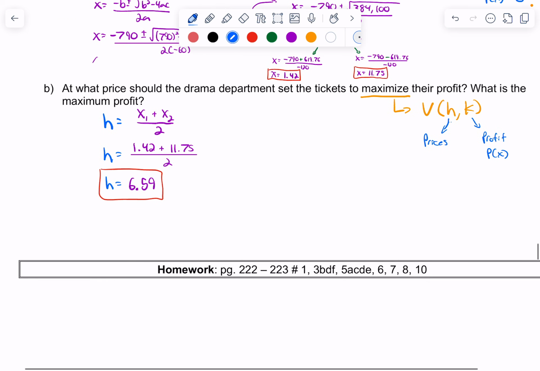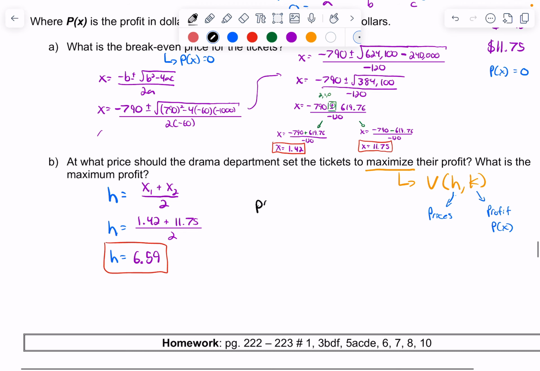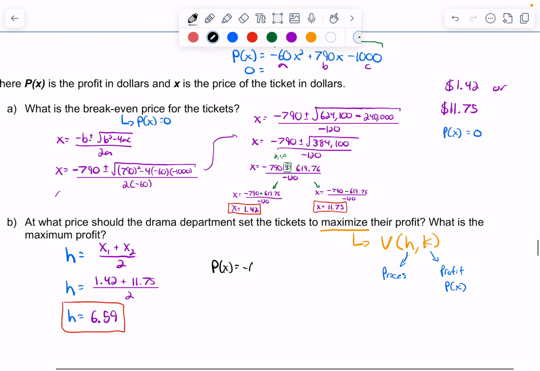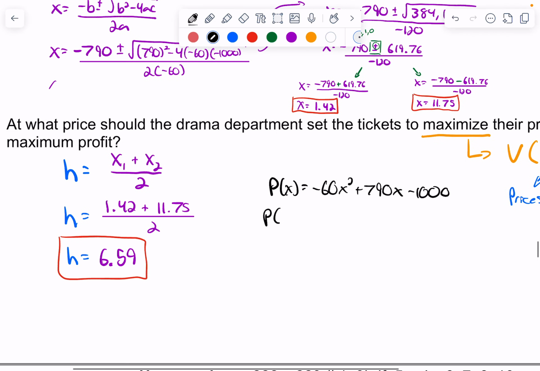Okay, so if we have h, we'll just plug the h value into your profit equation. We have our profit equation, which is P of x equals minus 60x squared plus 790x minus 1,000. I'm looking for the profit when my h value is 6.59, because at my h I'll be able to get the k.